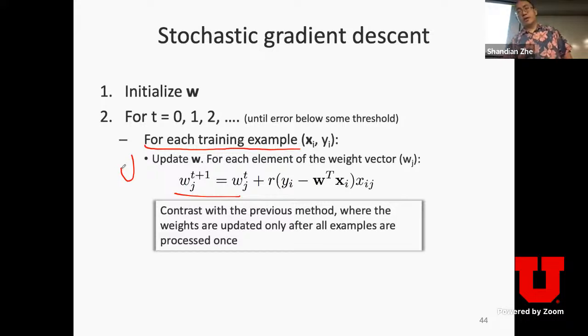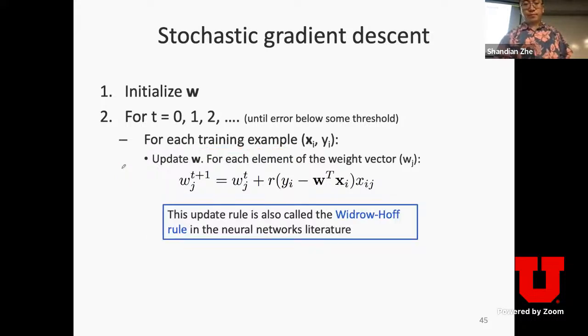But for gradient descent, you only update the model once. This updating rule is also called the Widrow-Hoff rule in the neural network literature, originally invented by neural network people from their intuition. Later, people have proven all kinds of amazing theoretical guarantees for this type of approach.